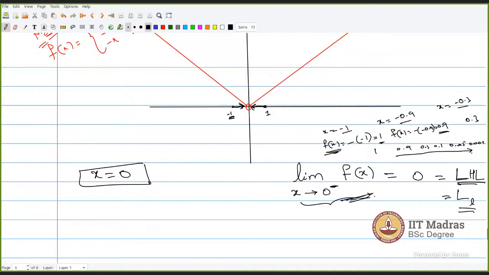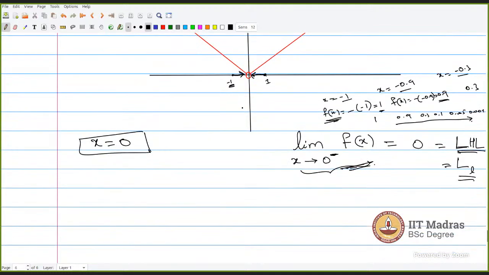If it approaches some particular unique value, then I say the limit exists. If it is diverging to infinity or minus infinity, or it is taking two different values, then I say the limit does not exist. So I conclude the left hand limit does not exist. If it exists, I can write it like this, and I just denote it with subscript L.